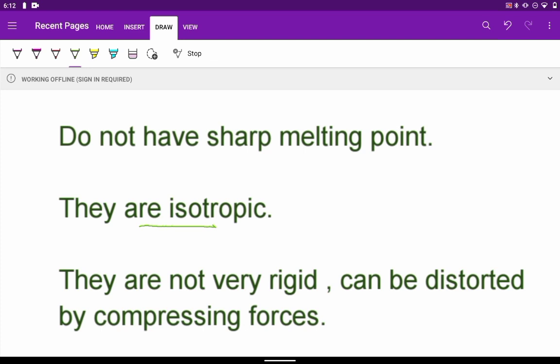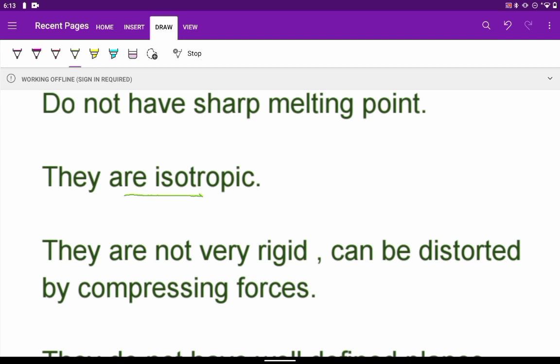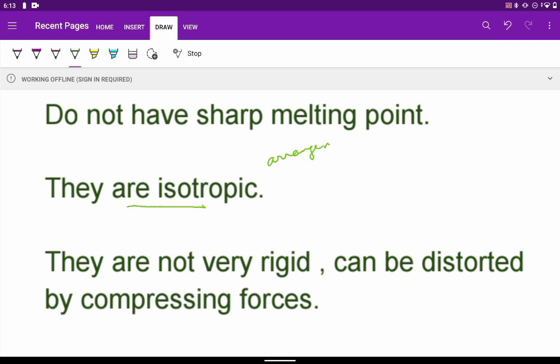Because here the arrangement of the building constituents is random and disordered.